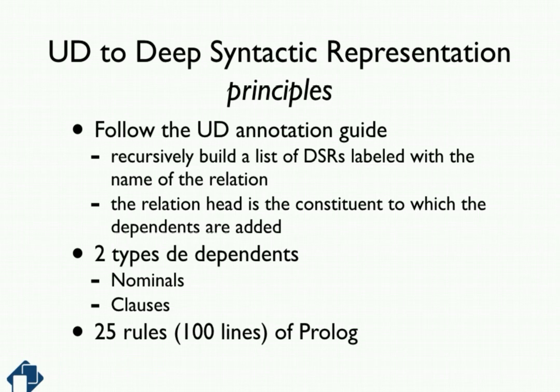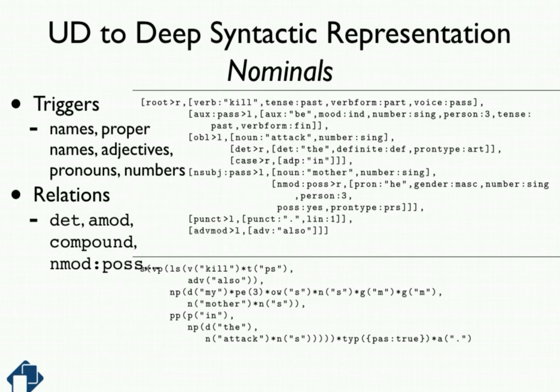So just to give you an idea of the kind of rules that we have, we will look at, for example, nominals. What triggers a nominal is either a name, a proper name, an adjective, a pronoun, numbers, and the relations that are linked with nominals are the determiner, amod, compound, and so on.